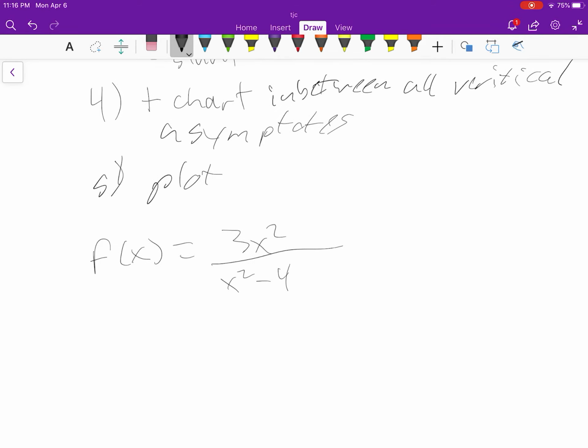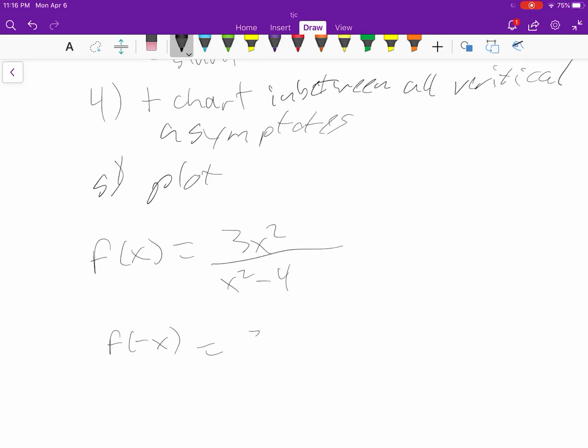Okay. So let's start with this one. First off, is it symmetric? So following their examples, we want to know if it's symmetric. So what does f of negative x equal?